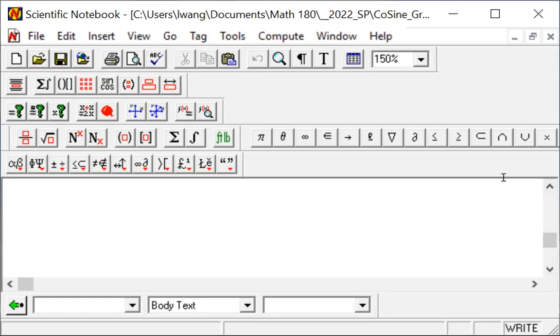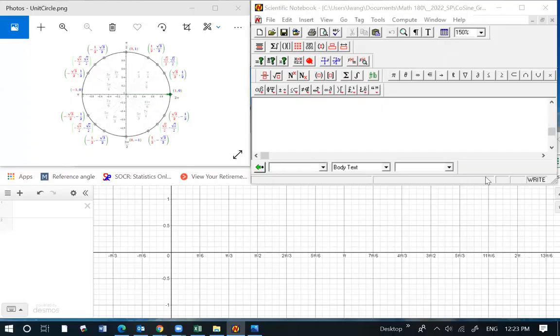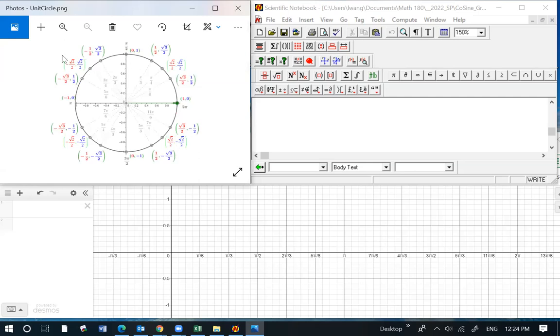Okay, and next I'm going to share the screen with everything. So now we share the screen. So now you see what we did, right? What I just did is I will be using the unit circle, and this is a place I'm going to write down the mathematical expressions and commentaries.